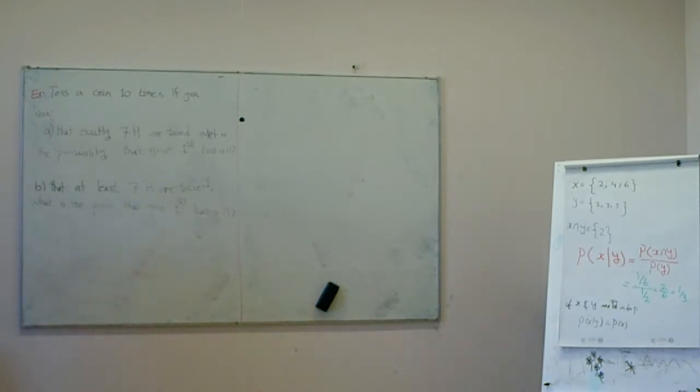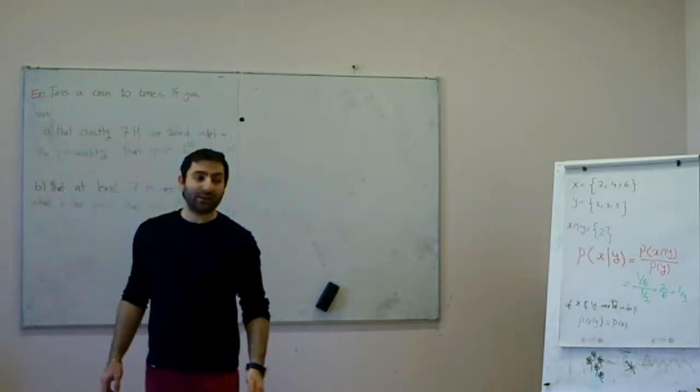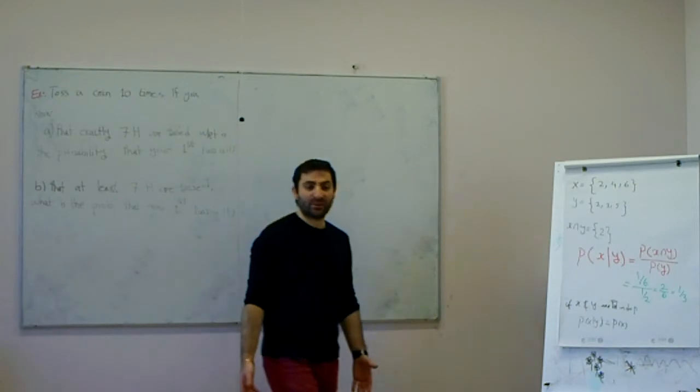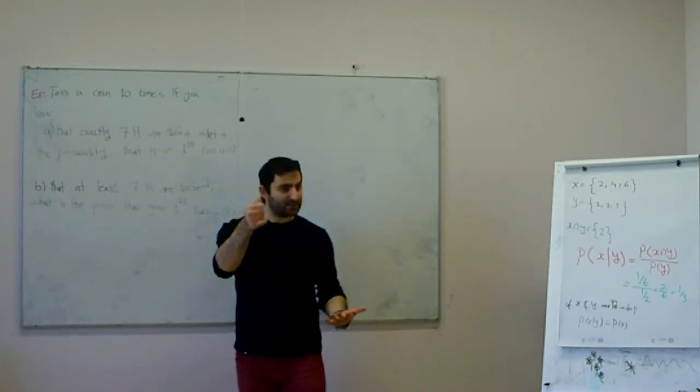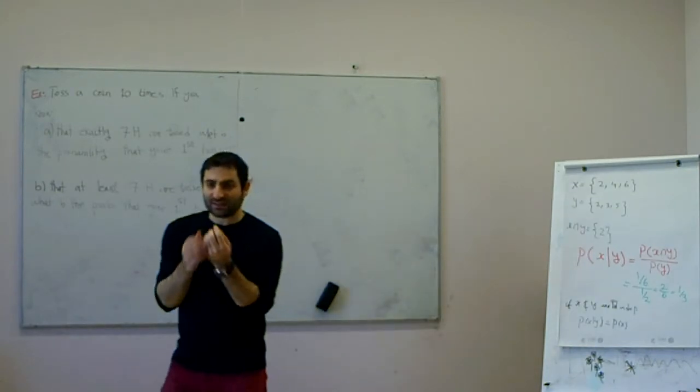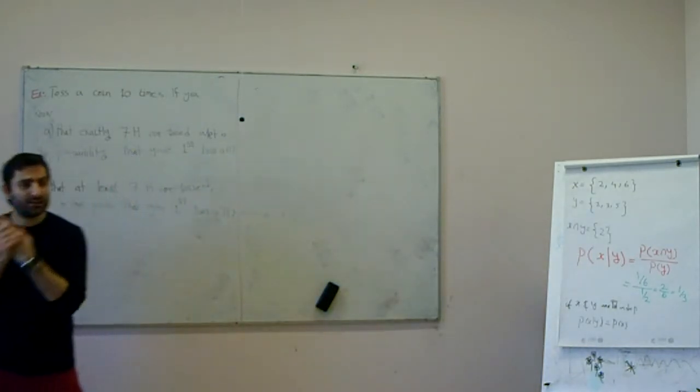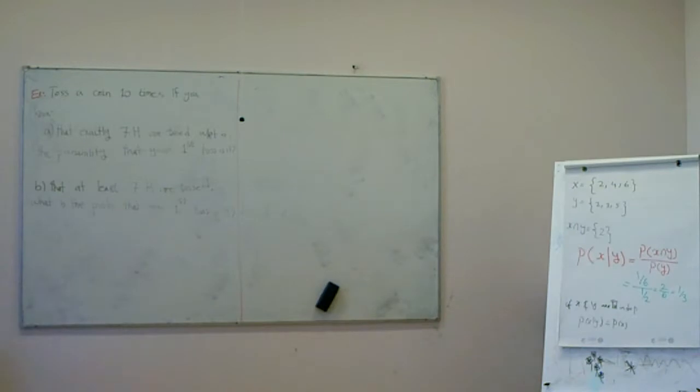Now, in the part B, I'm not talking about the exact 7 times. I say that at least 7 times is head. What does it mean at least 7 times is head? What are the possibilities? 7, 8, 9, 10. Yes, because we are tossing 10 times, so it can be like 7 times head, 8 times head, 9 times head, and 10 times head.